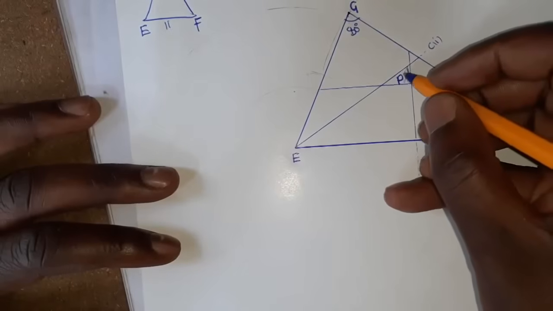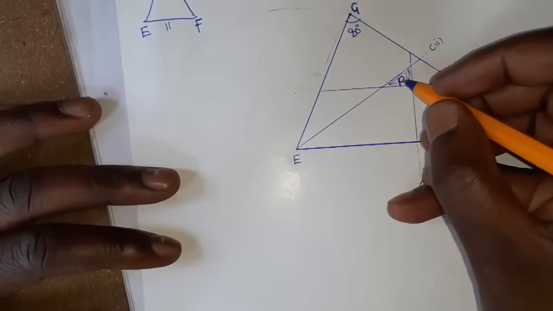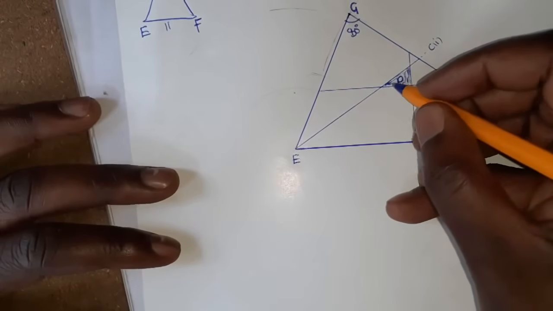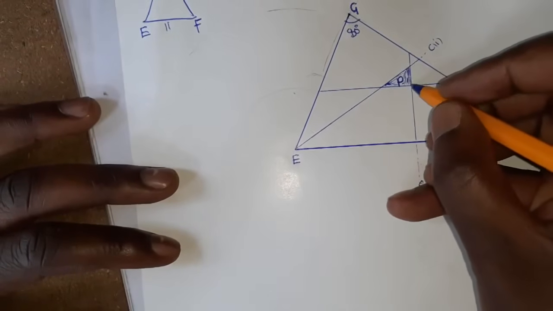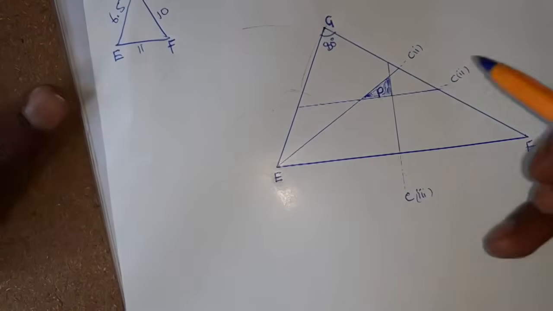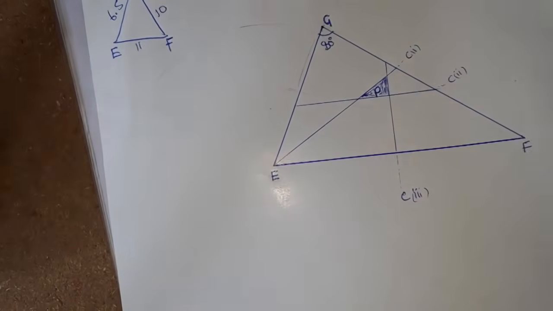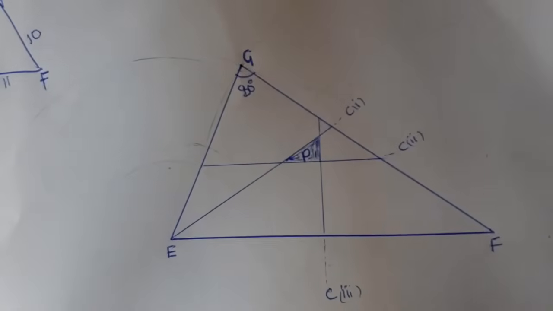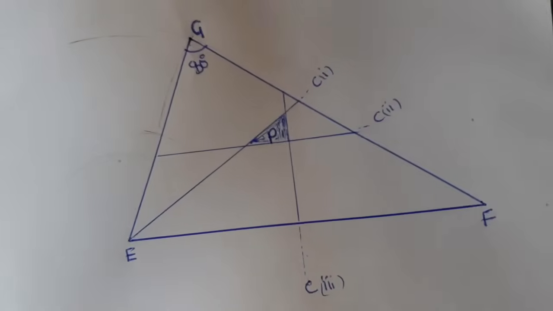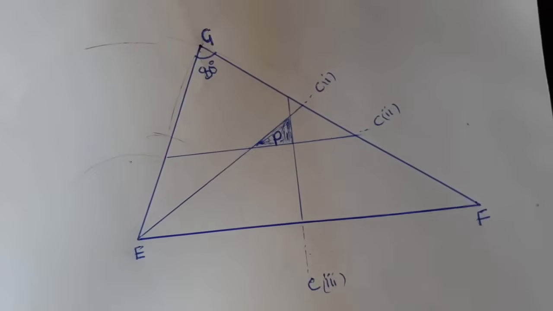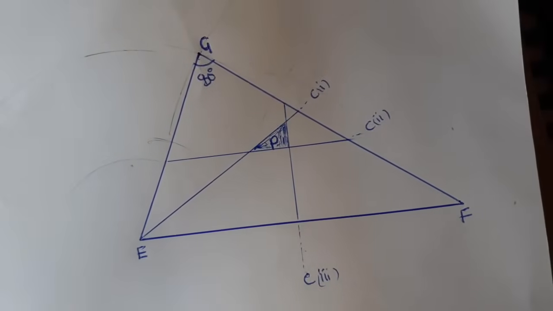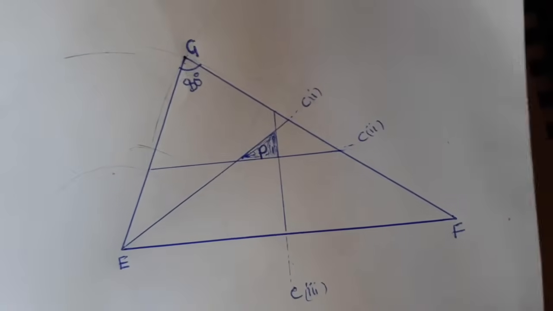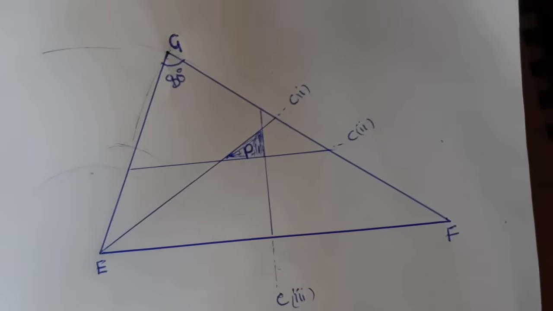We can shade. This is the region where P is going to lie. This is how you get your 8 marks. Let us move on to the next question.